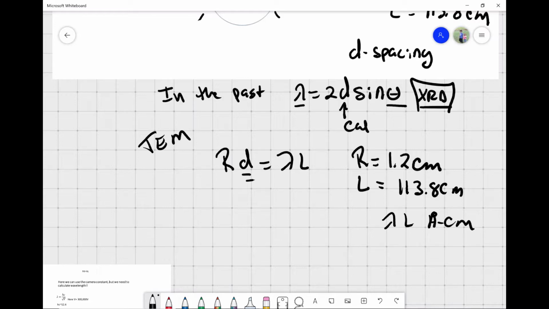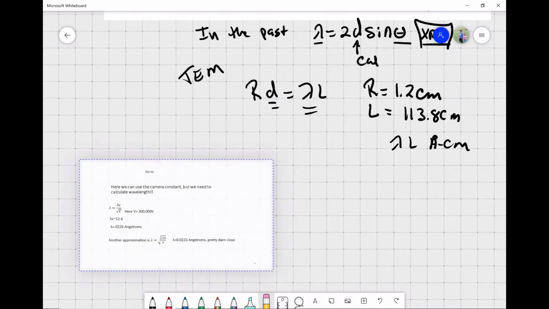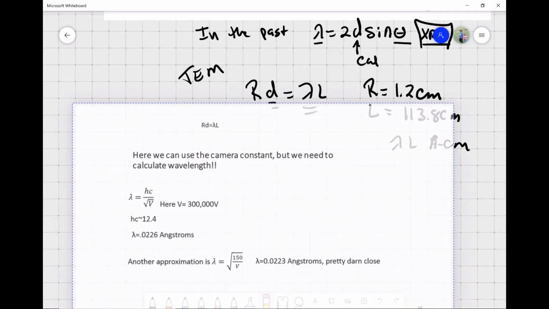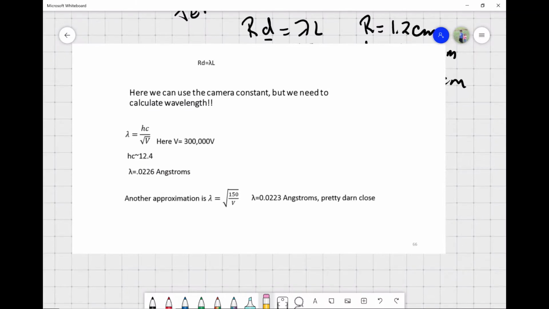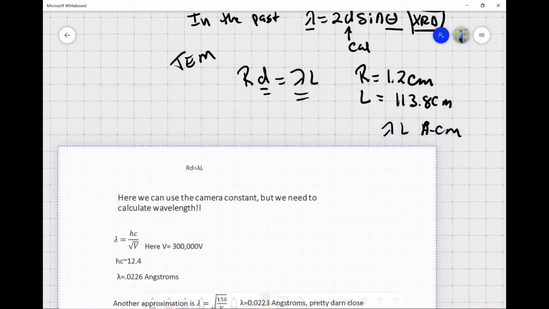So we need something on the order of angstroms, right? D spacing is on the order of angstroms, and wavelength is going to be on the order of angstroms. If you had eagle eyes, you'll see what I was kind of hiding here. We want to use our camera constant, which I've written above, but we need to calculate wavelength, so that ends up being an unknown for us.